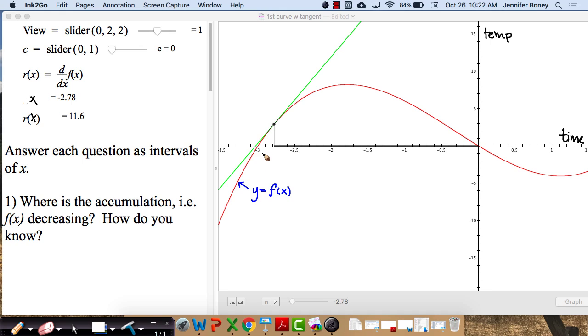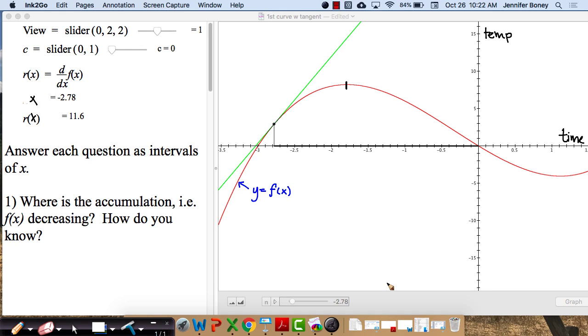As I go from left to right, is temperature increasing or decreasing if this is a graph of temperature? It's increasing. These are negative temperatures, but as I go forward in time, my temperature is going from -10 up to 0, and it keeps increasing until I get to about there, right?